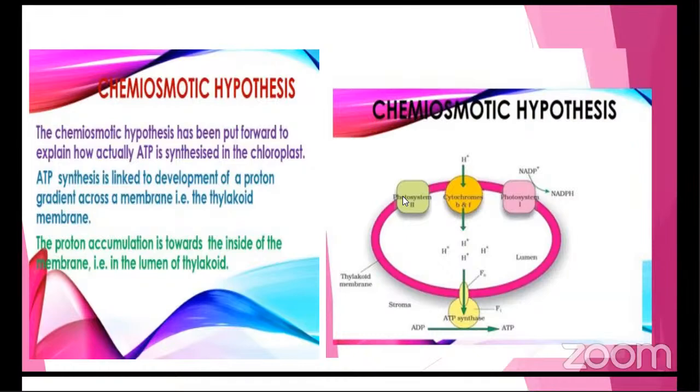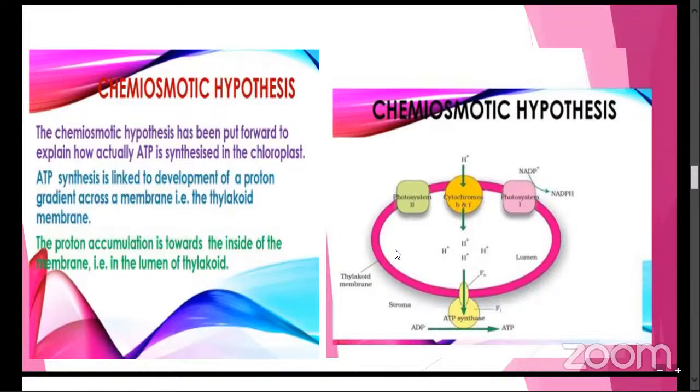This was not possible to sketch in the cycle, that's why we are discussing it in a separate diagram. So here, in one way, the protons enter the lumen. In another way, photolysis of water also helps in increasing the proton concentration in the lumen. For this photolysis of water, one complex is helpful, which is situated on the inner side of the inner wall.